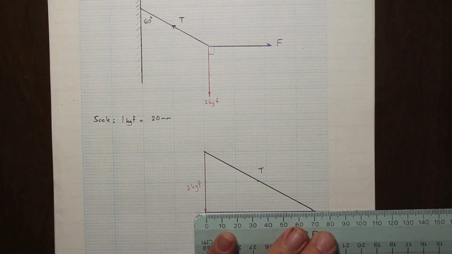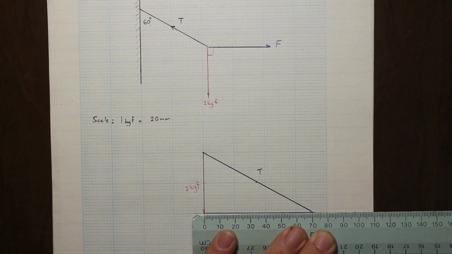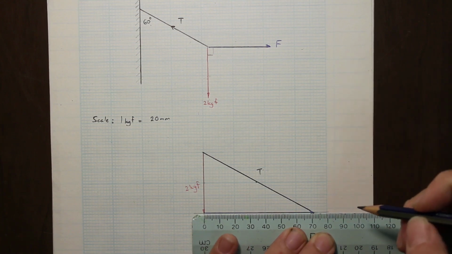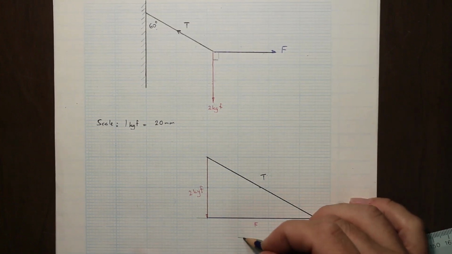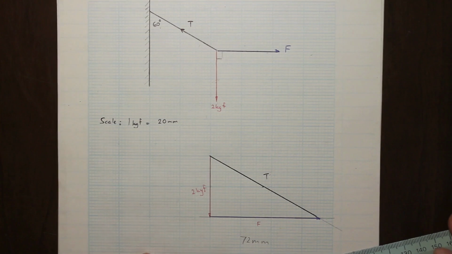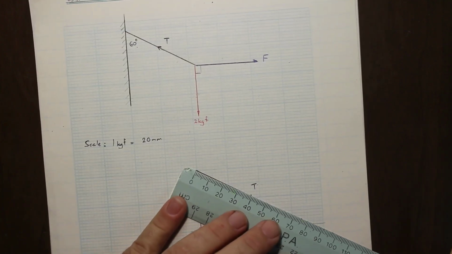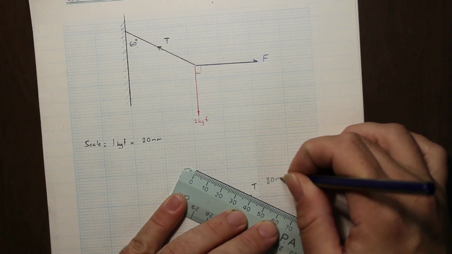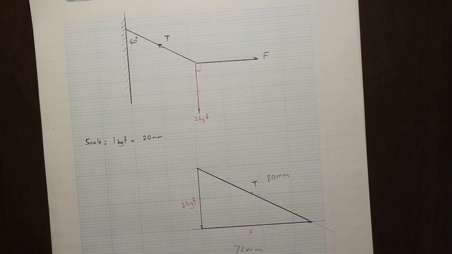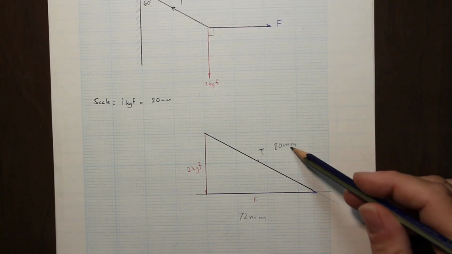If I measure that now, this one I'm measuring approximately, so don't worry, 72 millimeters. And this one I'm going to measure to be 80 millimeters. So there I've got 72 and 80.